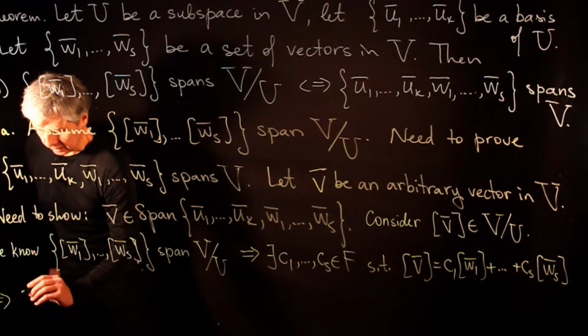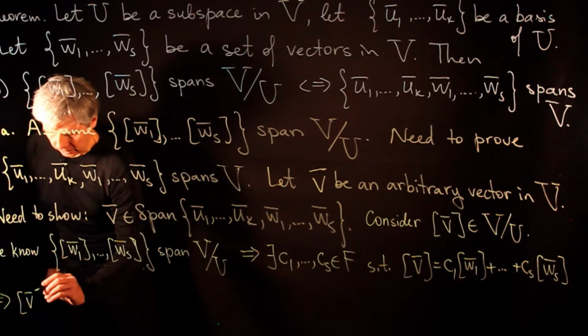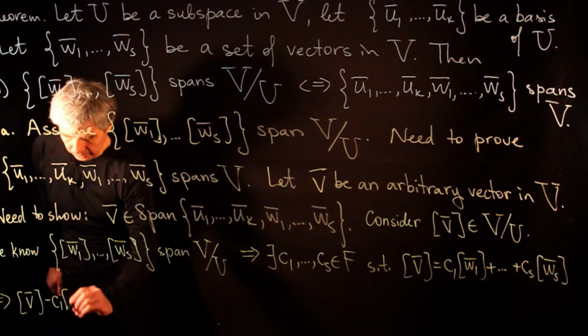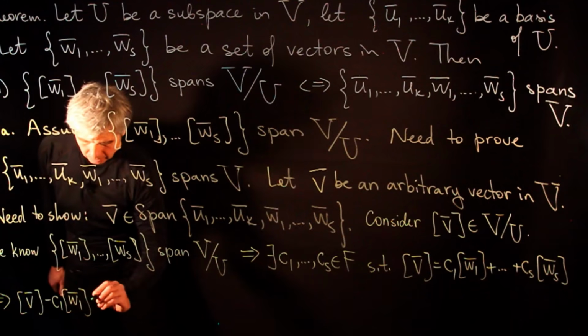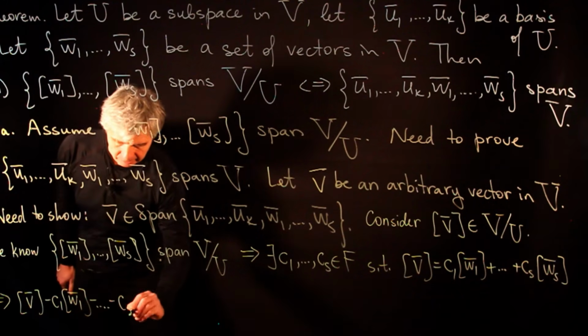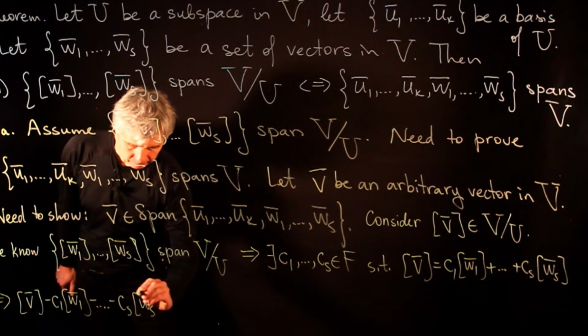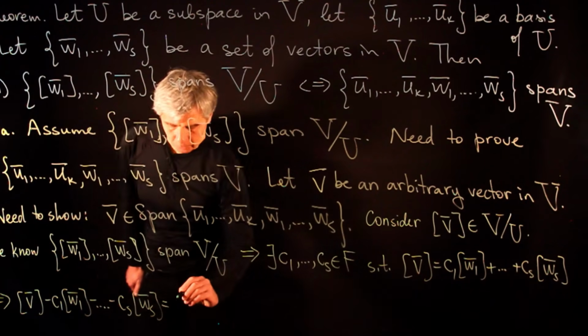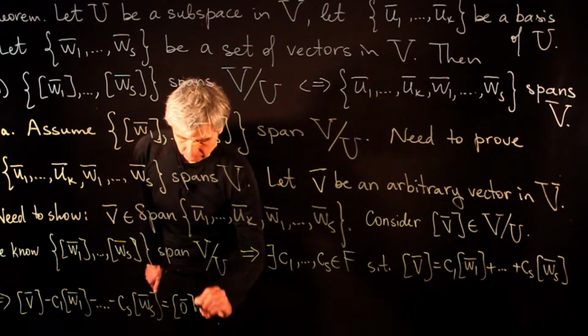So the equivalence class of V minus C1 W1 minus and so on minus CS WS is equal to the class of 0.